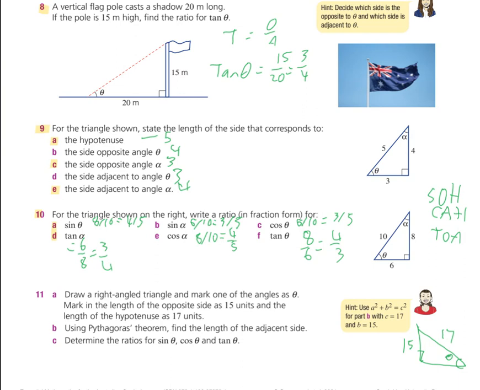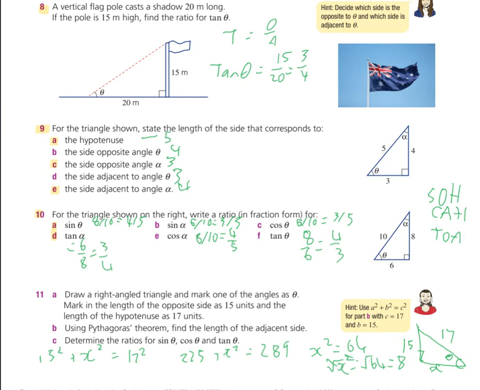So that'll be 15 squared plus x squared equals 17 squared. I think I know this one off by heart. I think it's 225 plus x squared equals 289. And the thing that's missing is 64. And therefore you square root that. You get square root 64 equals 8. So they cancel out.